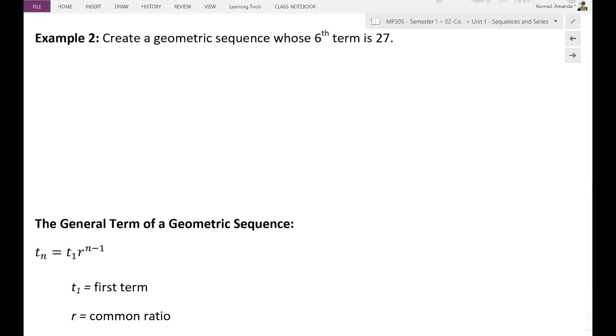Example 2. Create a geometric sequence whose 6th term is 27. So for this one, you could create any sequence you wanted to, but you need to remember that you're working backwards.